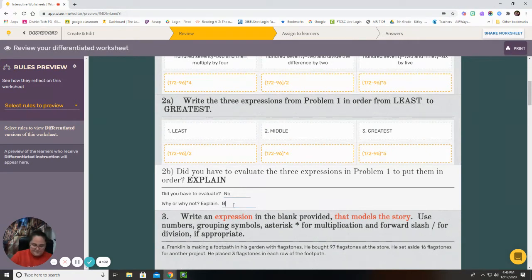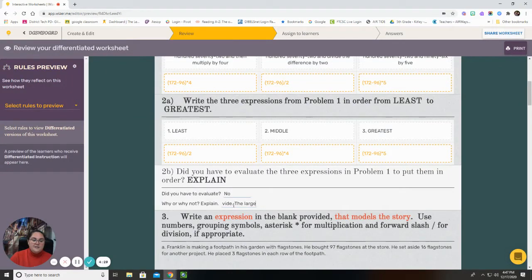Why not? Because all of the questions have 172 minus 96. You divide, or the smallest one is the one that you divide.